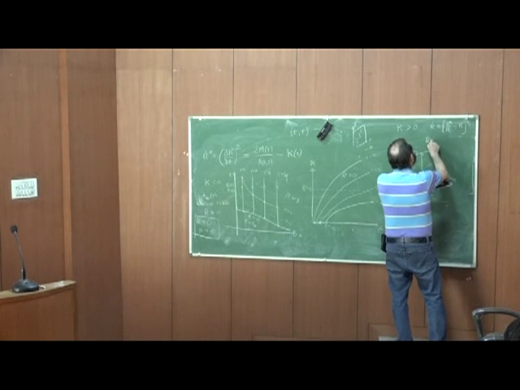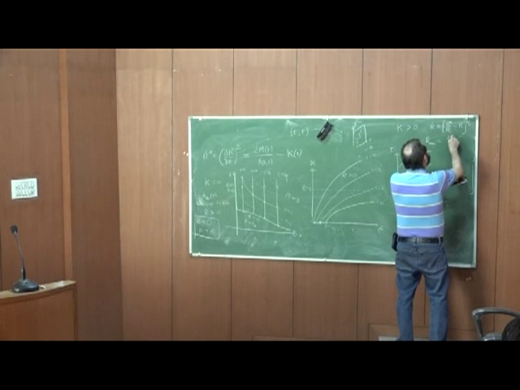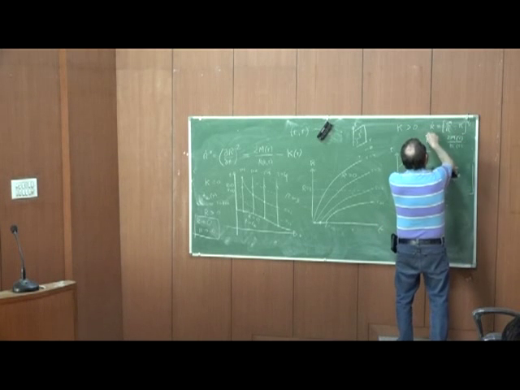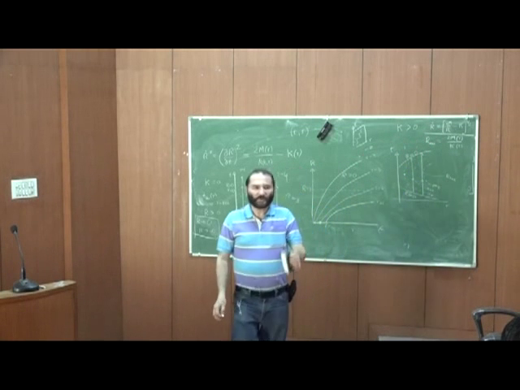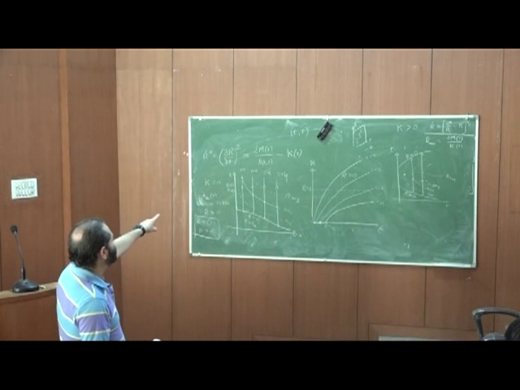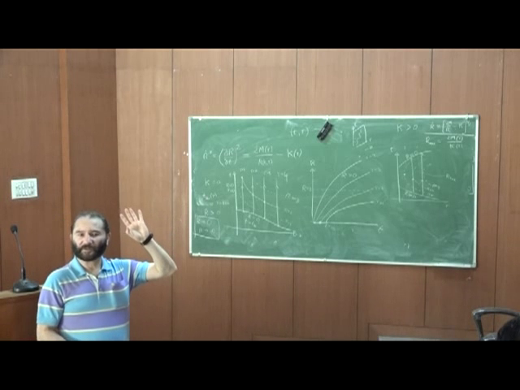Let's call that r max, 2m over k. It's just looking at the differential equation. See, notice, that's the differential equation. If k is always positive, m is always positive.